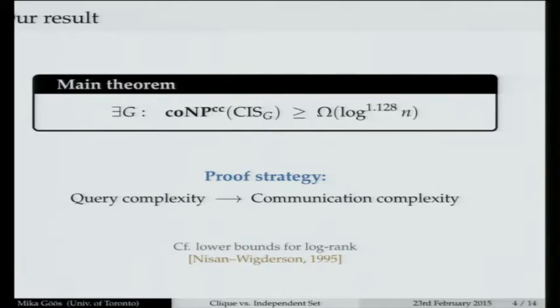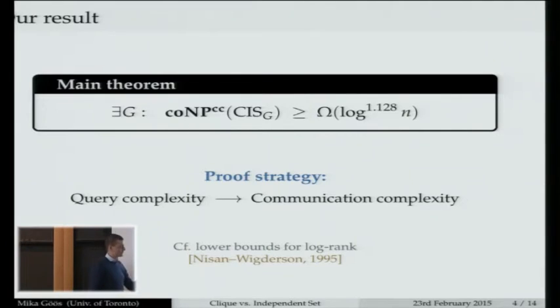The idea is that you don't attack the communication problem directly, but you define an easier to analyze query complexity problem. You study that, you give bounds there, and then you transfer the result over to communication complexity. And this strategy is exactly what's being employed to give the best lower bounds we currently have for the log rank conjecture of Nisan and Wigderson, just for example.